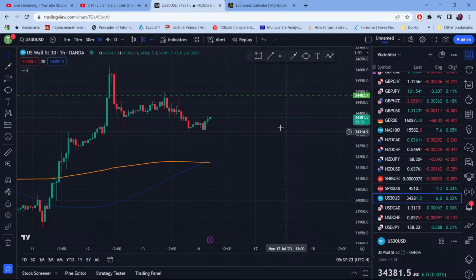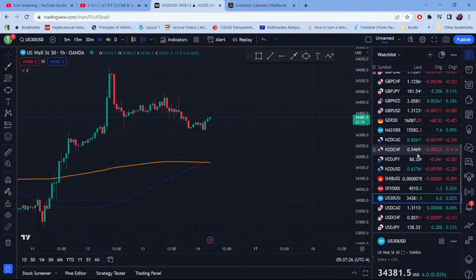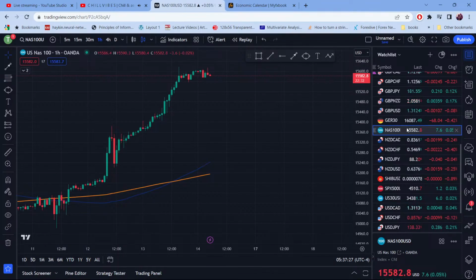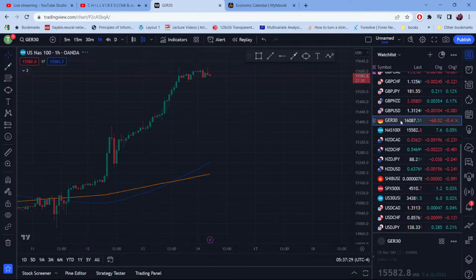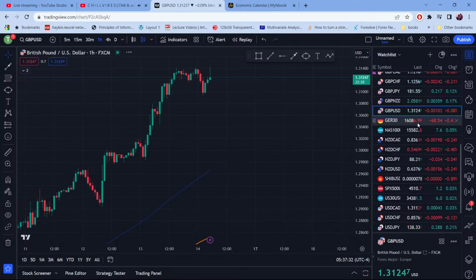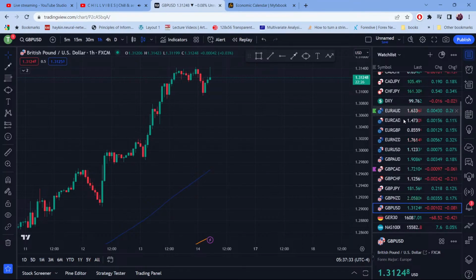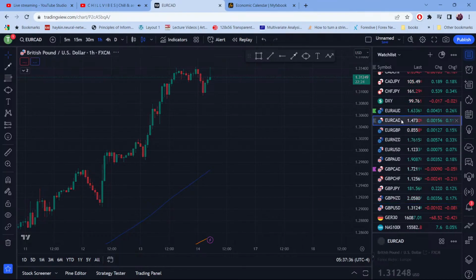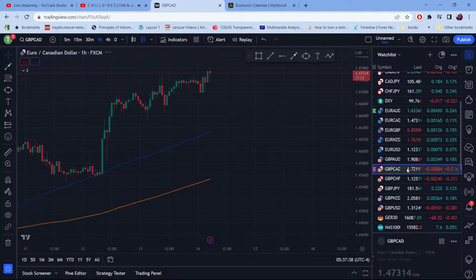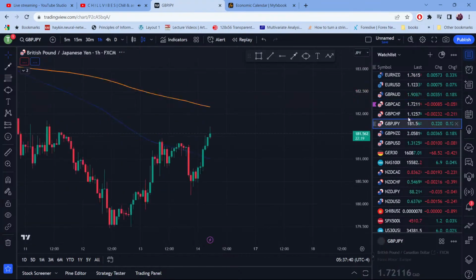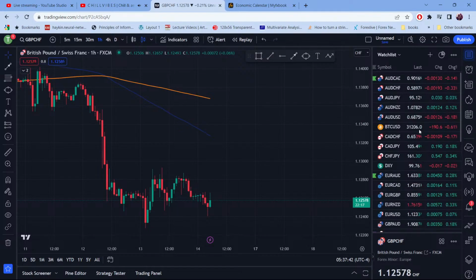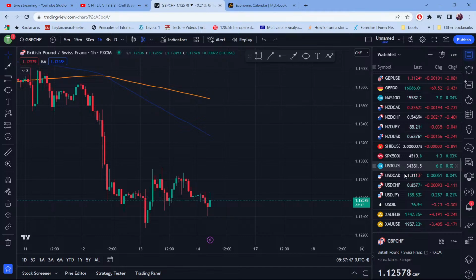Not really much we can do right now but wait for price to catch itself and decide what it wants to do. So we just have to play the patient game. That's what we're doing right now, waiting.